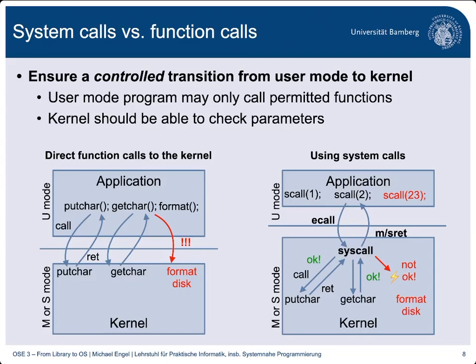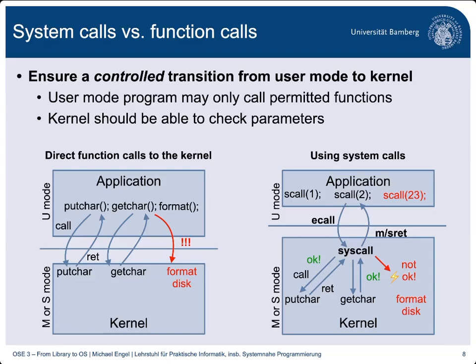And that's not okay, because it doesn't have privileges to do this. So instead of formatting the hard disk now, which would have happened if we would have just called the function directly instead of through a system call, our operating system complains and either returns an error message, or depending on how you implement your OS, could just kill the process because it thinks, oh, this is a malicious process, it should never be allowed to do it, so let's better get rid of it, who knows what else it's going to do.